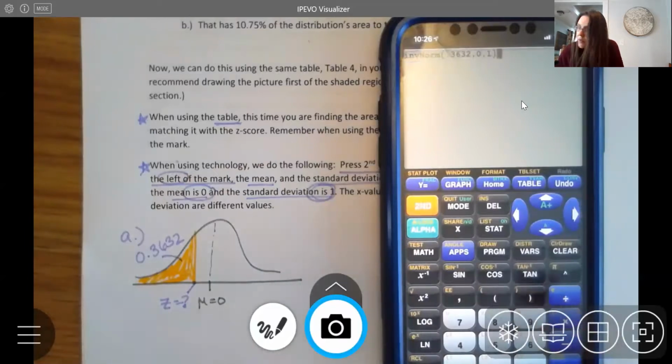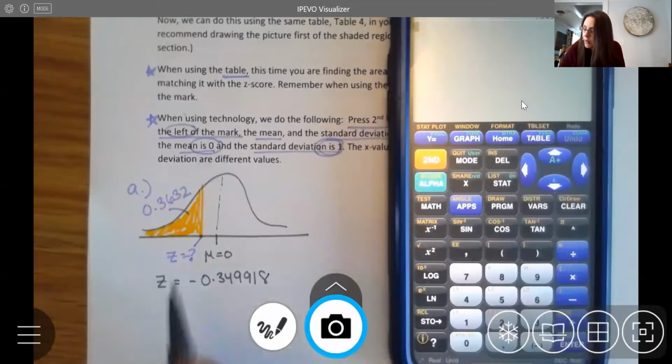And then you can close the parentheses, or you can just hit enter, and you get a value of negative 0.349918. So there is our z-score, and we usually round to about 2 decimal places. So about negative 0.35 would be our answer here.